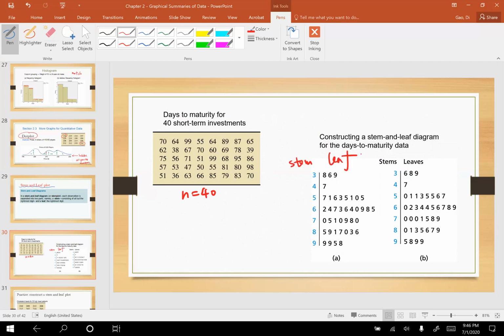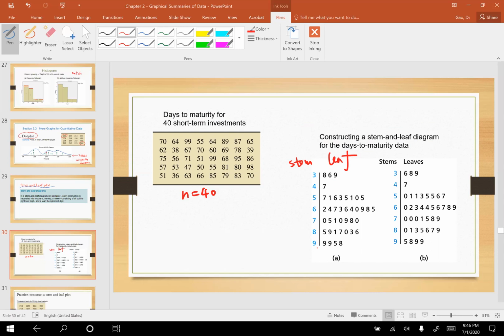The leaf is the rightmost digit, and the stem is the tens level. So we have 30-something, 40-something, 50-something, up to 90-something. We put all the values there: 3, 4, 5, 6, 7, 8, and 9.